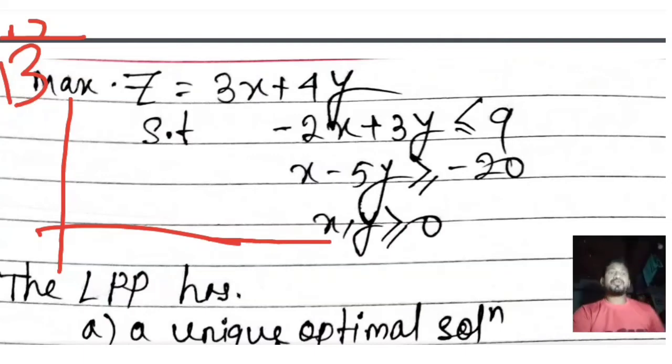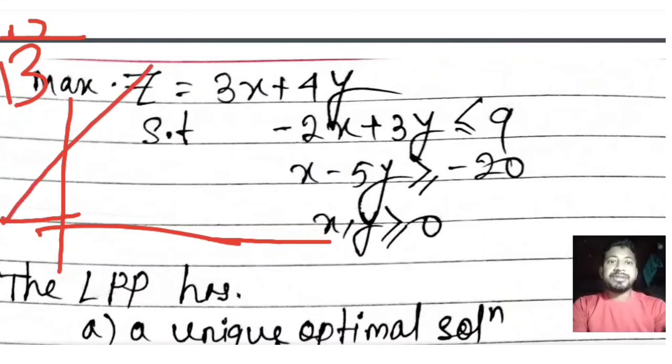For minus 2x plus 3y equals 9, the intercepts are minus 4.5 and 3. This is the straight line, and since 0 is less than 9, the region is towards the origin. Now x minus 5y equals minus 20 passes through (minus 20, 0) and (0, 4). Here is the region.